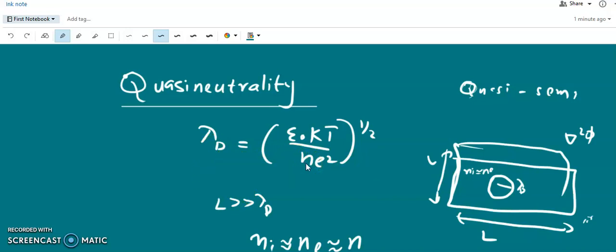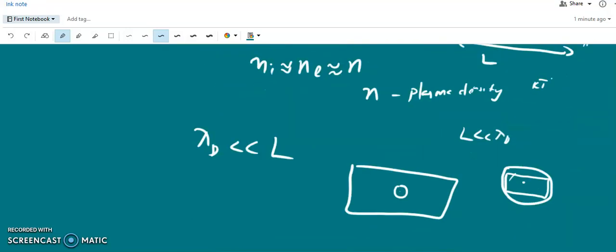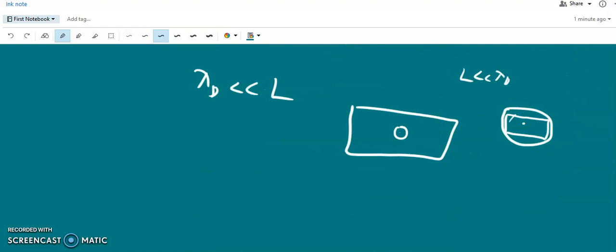So the plasma should be dense enough so that lambda d is much smaller than L. That is the first criterion for an ionized gas to be a plasma. There are 3 criteria, and this is the first one.